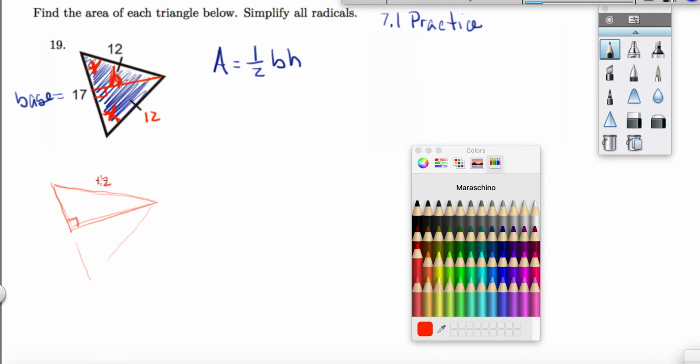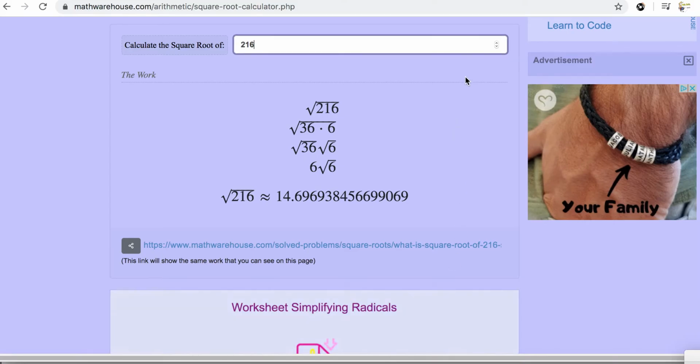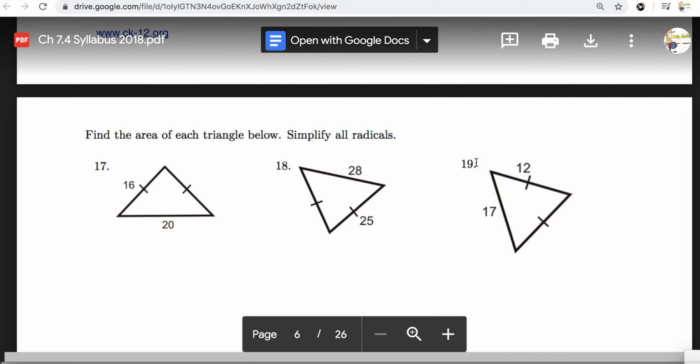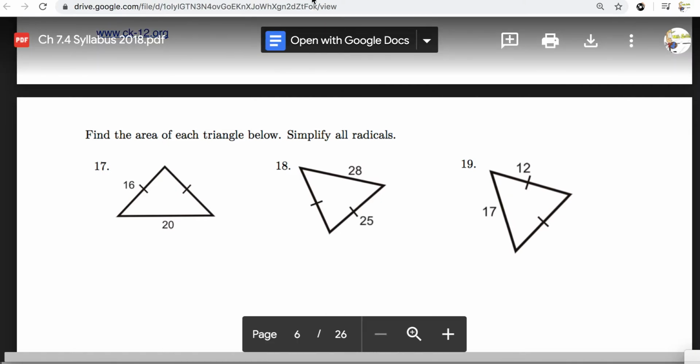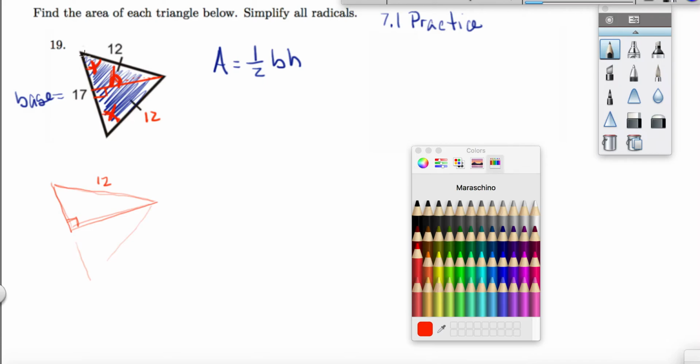We've got 12, and then the base is 17. We're looking at number 19 here. The base is 17, so that means half of the base would be 17 divided by 2.